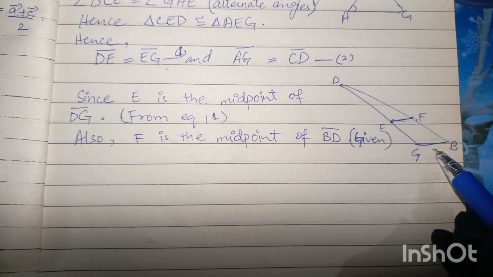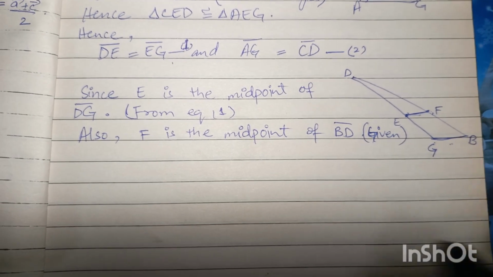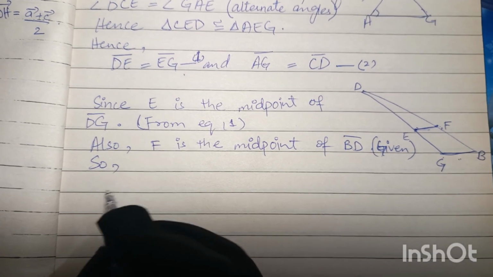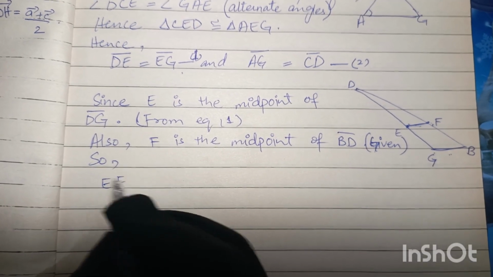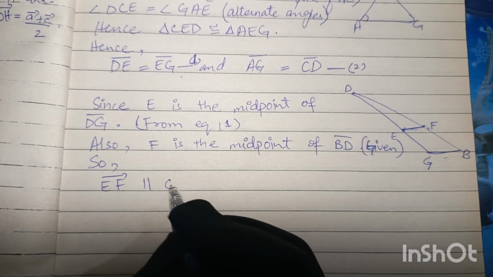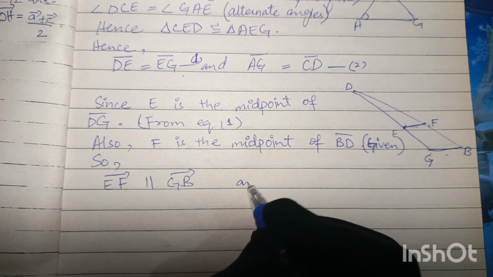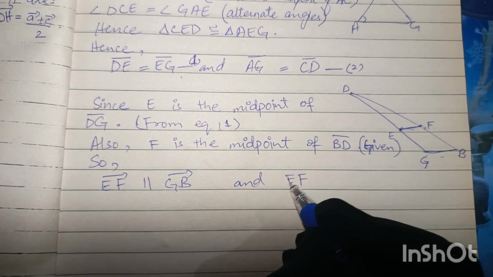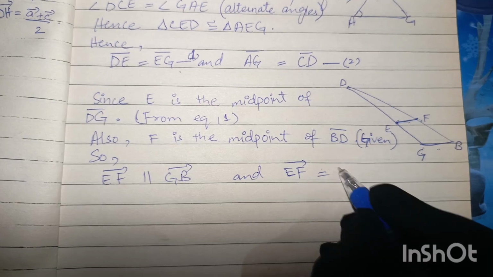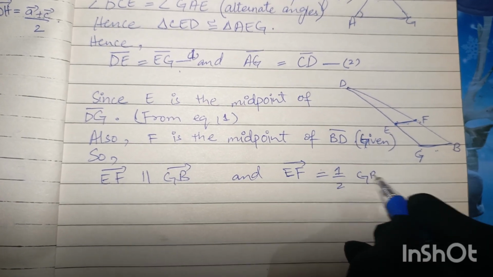This is a well-known theorem for any type of triangle. So we can write here EF is parallel to GB and EF is half of the length of GB.